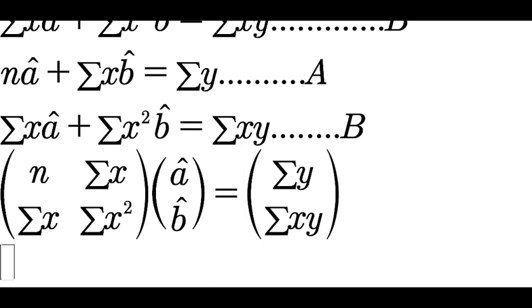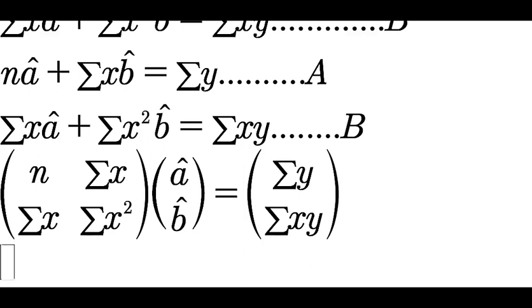I'll cross multiply the coefficient matrix and take the difference: the product of the elements of the secondary diagonal is subtracted from the product of the entries of the leading or main diagonal of the coefficient matrix.